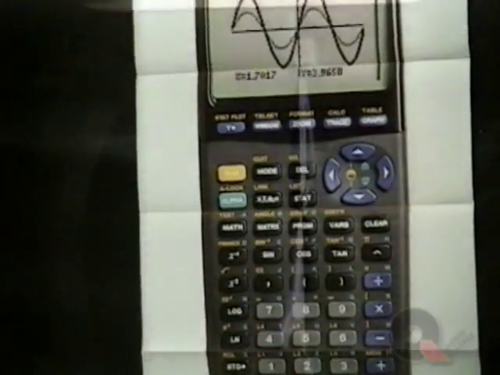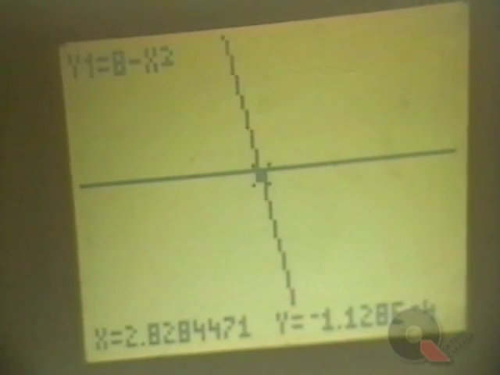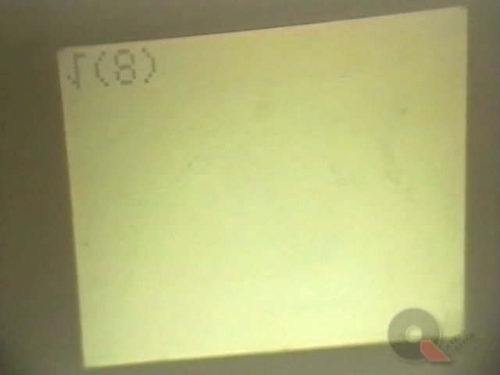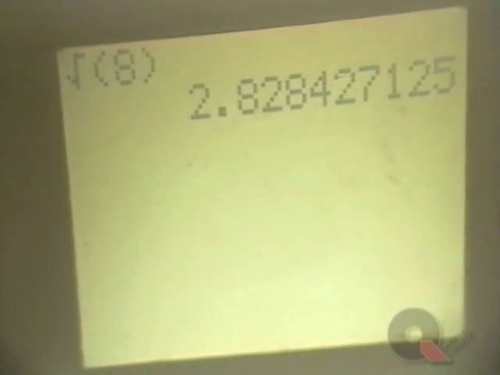This gave me about 2.828 something. I'll hit second and quit. I'm on the home page. Second to get the square root. Punch in 8 and close the parentheses. Hit enter. 2.8284. So that's the actual answer.